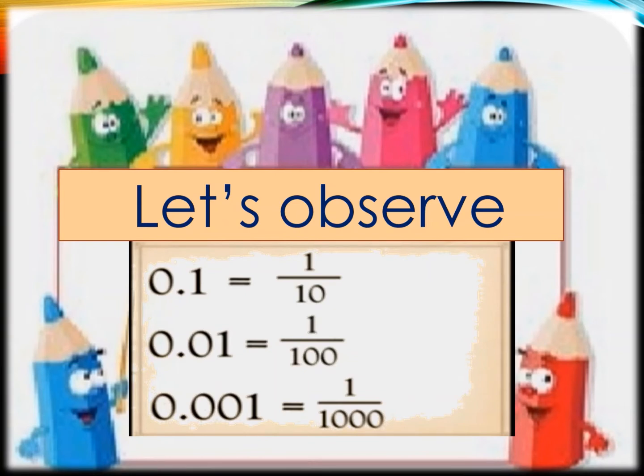In this way, we have observed that decimals and fractions go hand in hand, side by side. A decimal can be changed to a fraction and a fraction can be changed to a decimal. So let us start discussing more about this.